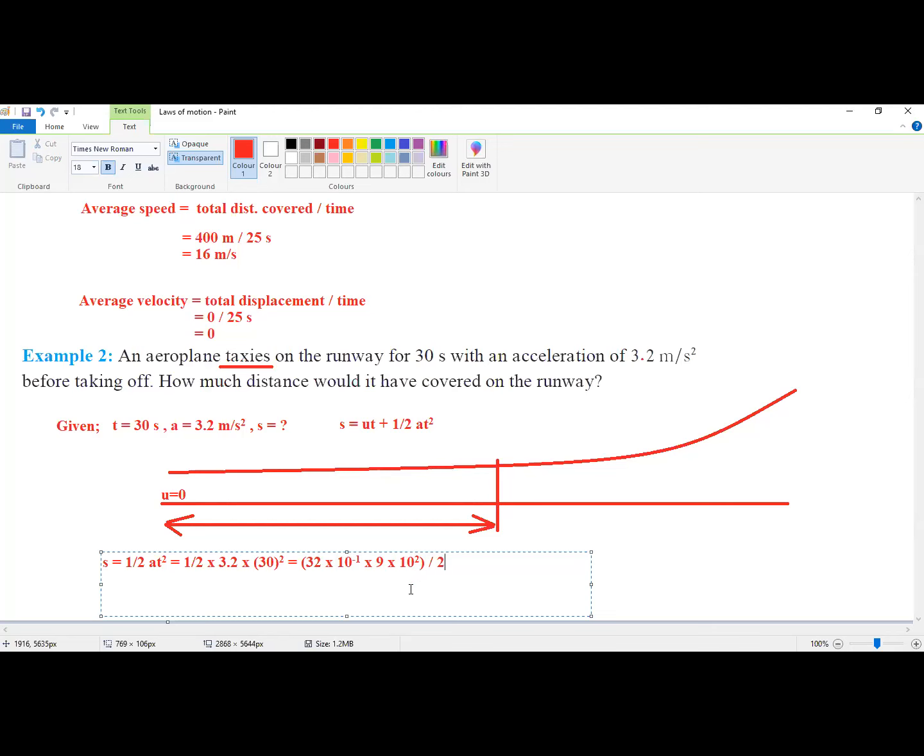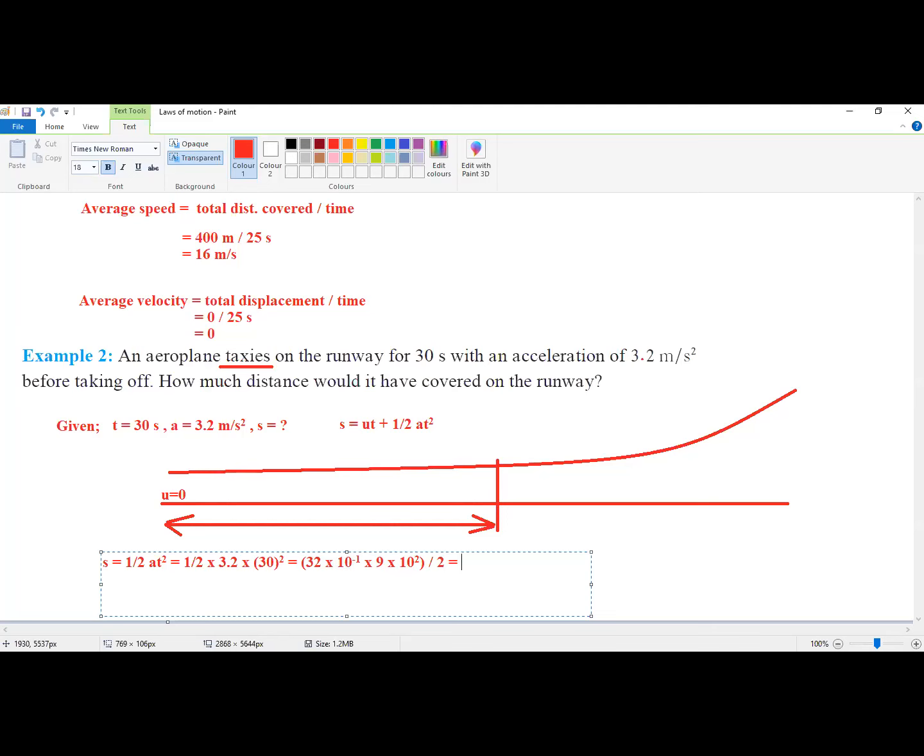Check if it is correct or not. Are you all following this? Yes, sir.